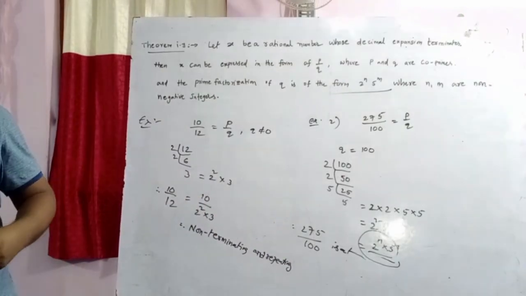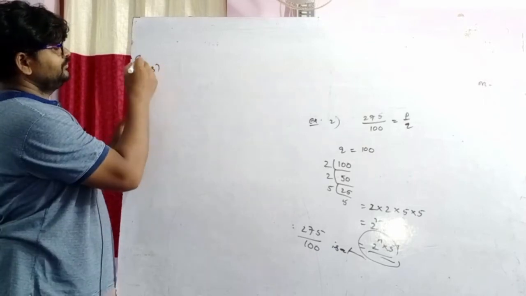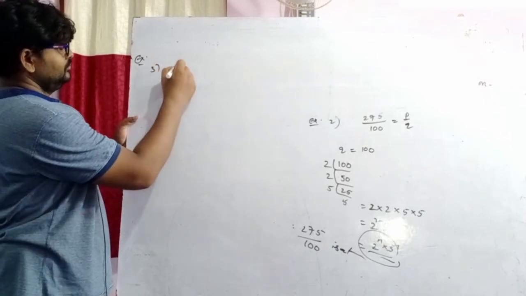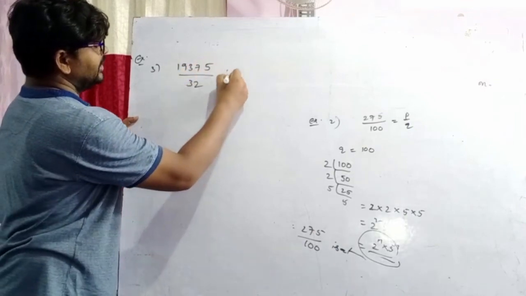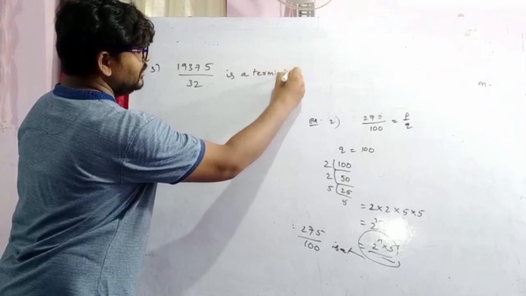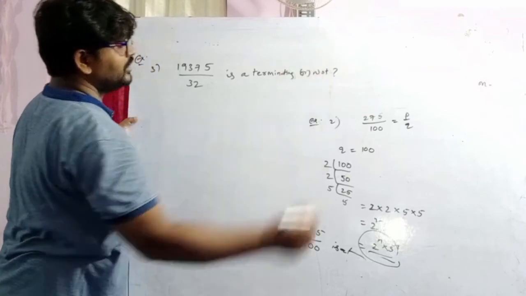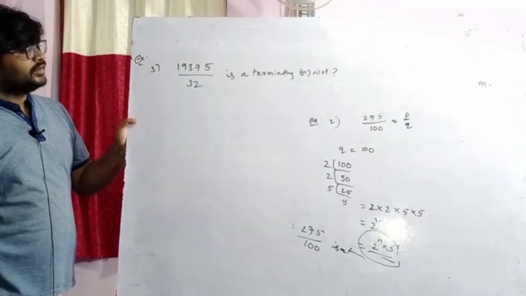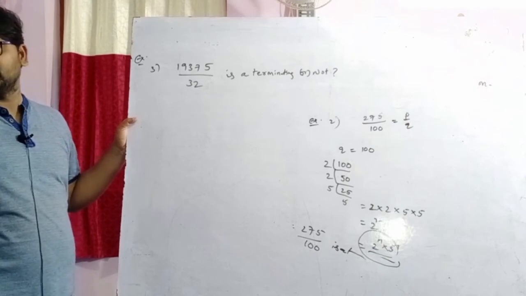Example 3. Is 19,375 by 32 terminating or not, or non-terminating repeating?